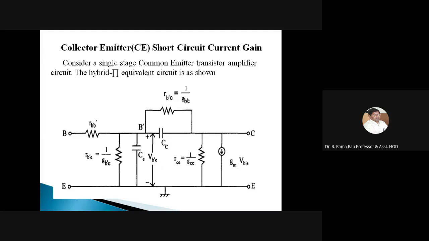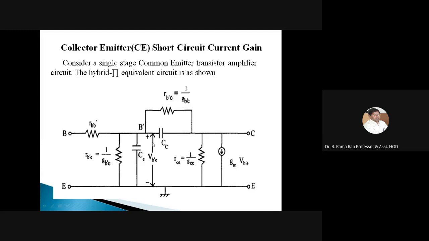So let us consider a hybrid pi equivalent circuit of a CE amplifier. This is the CE model of the hybrid pi equivalent circuit. There is the base spreading resistance, input conductance, feedback conductance and output conductance.